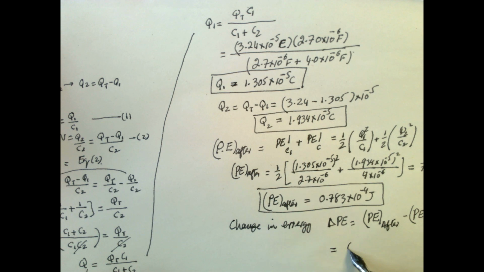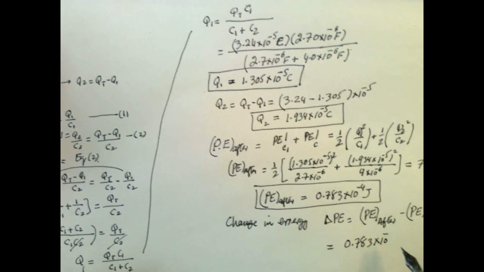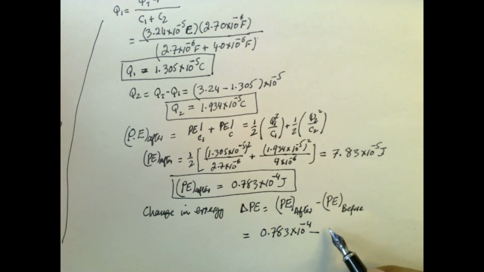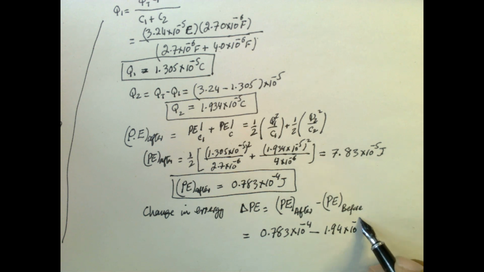So this is equal to 0.783 times 10 power minus 4 joule take away 1.94 times 10 to the power minus 4 joule.